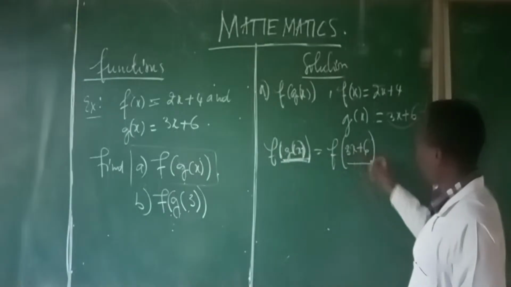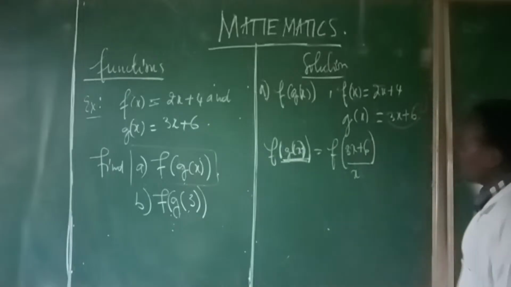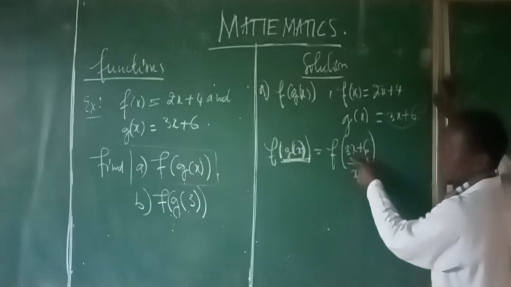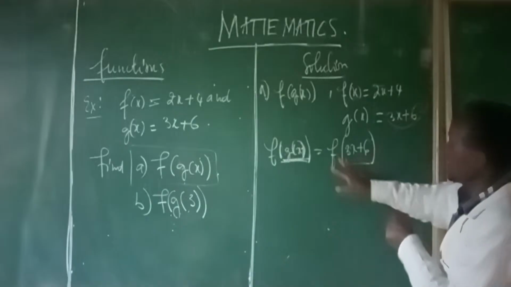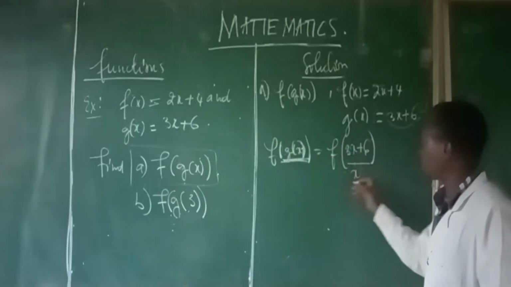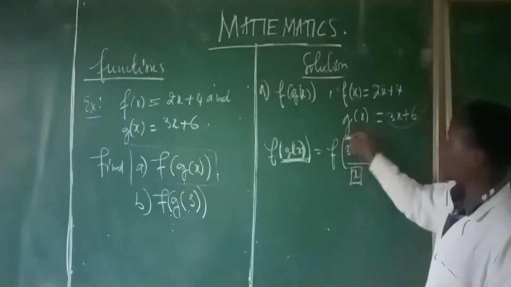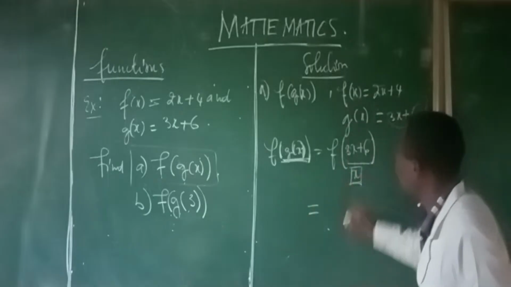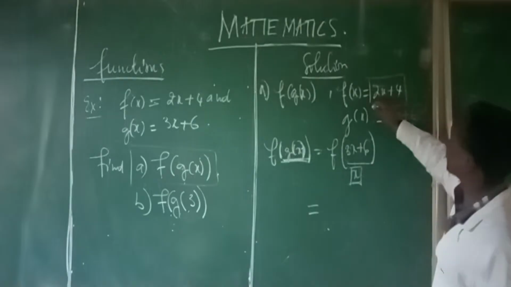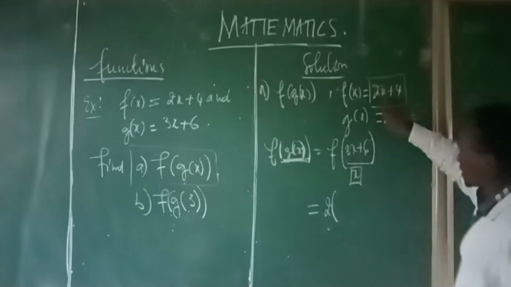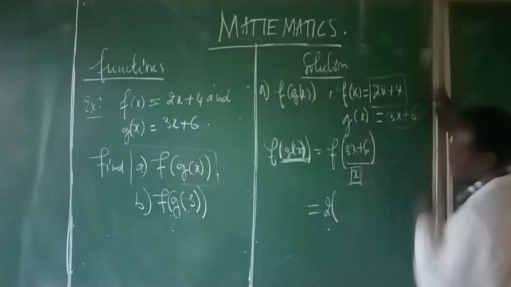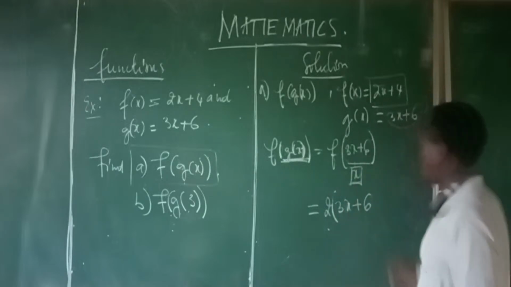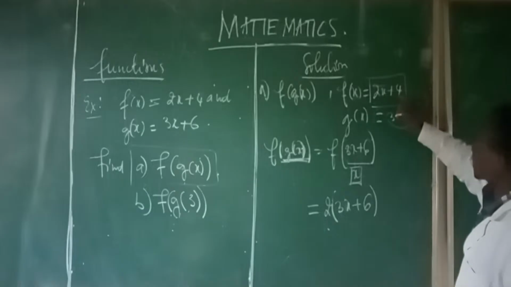Now here we have x, so we still have f of x, where x is equal to 3x plus 6. In our function f of x, where x is, we put 3x plus 6. Then in f of x we have 2 times x, where x is 3x plus 6, close the bracket, plus this number 4.